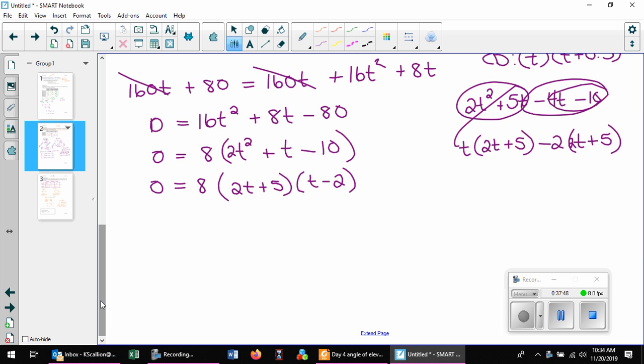I don't solve the 8 because there's no variable to actually solve for. So I'm going to have T equals. Okay, so looking at this, this is a real life situation. I can't have the negative time. So this one gets rejected based on context, by logic.